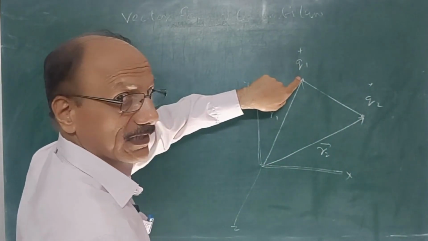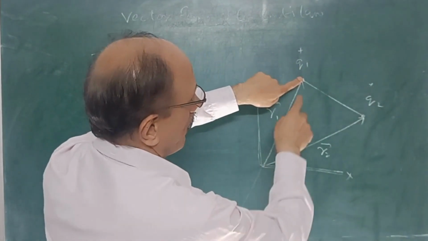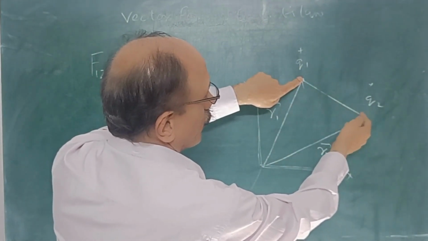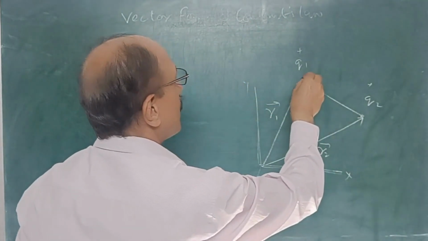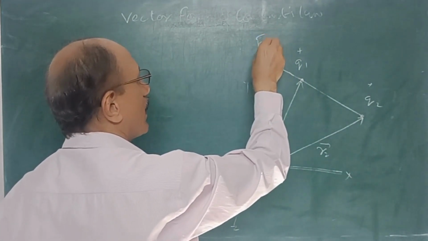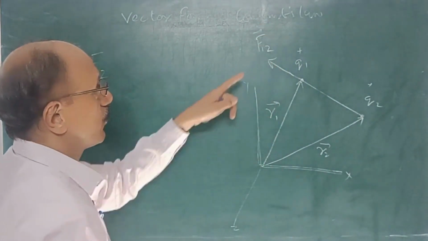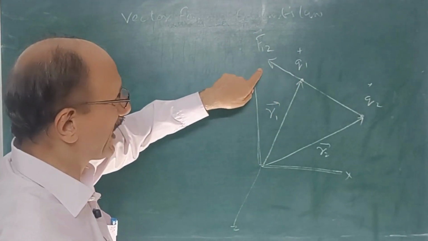So like charges repel each other. If we put our pen over Q1, then this Q2 is going to repel this charge Q1. So where does the pen have to move? The pen has to move this way. So this will be the force F12, the force on 1 due to 2, and this is now a vector because it has direction also.